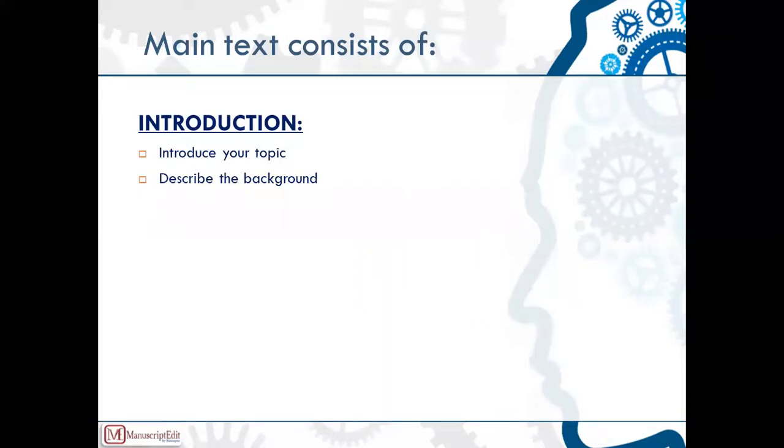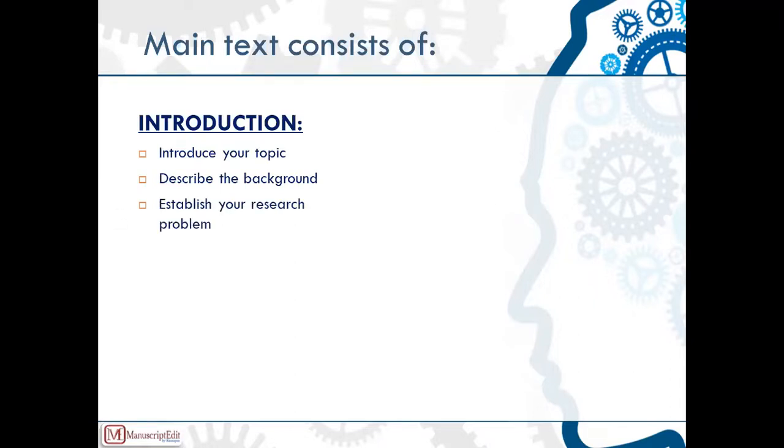Once you have discussed the contribution of other researchers in the field, you can identify gaps in understanding, the areas that have not been addressed in those studies. You can then explain how your study will address those gaps and how it will contribute to the existing knowledge in the field.